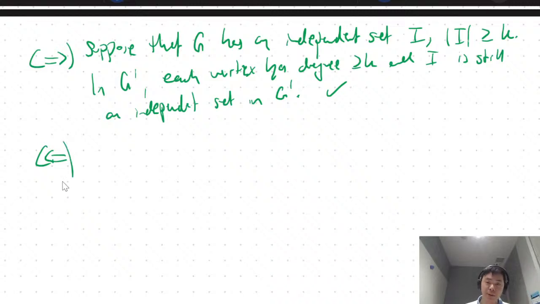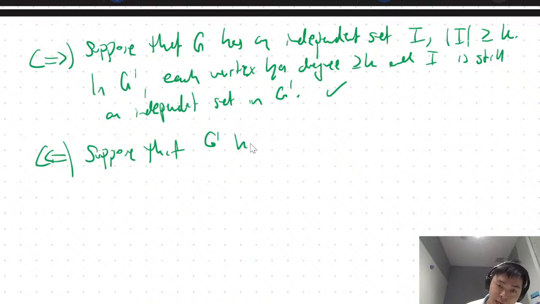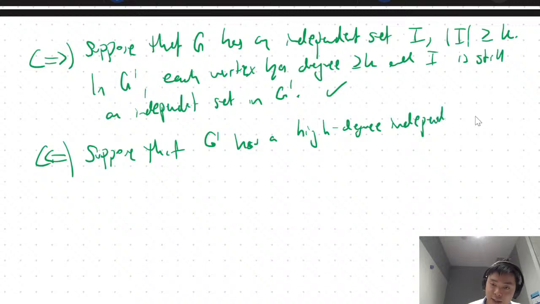Okay, now we're going to prove the backward direction. Suppose that G prime has a high degree independent set, I prime.